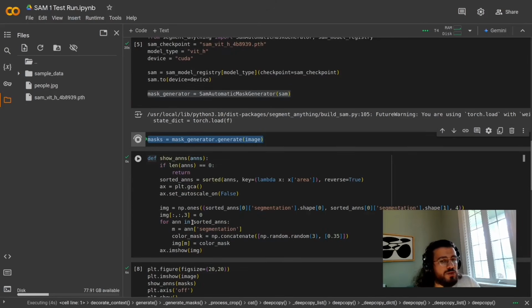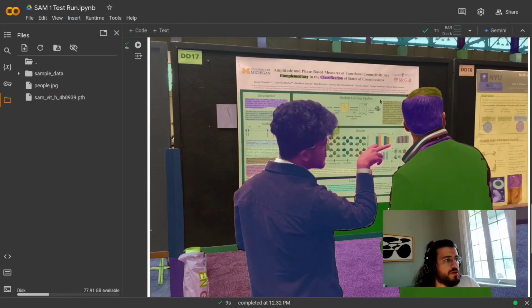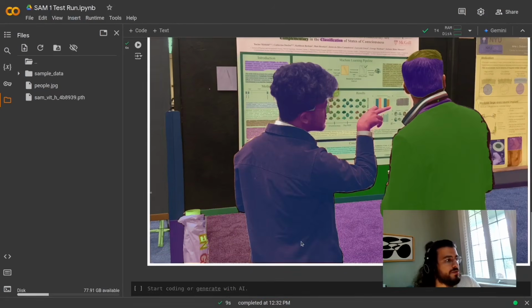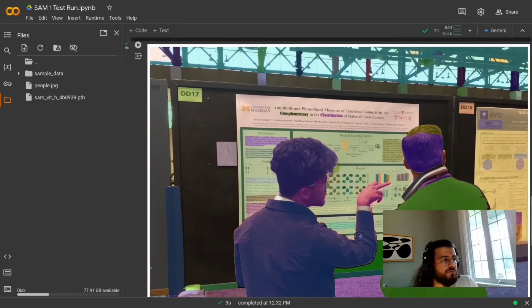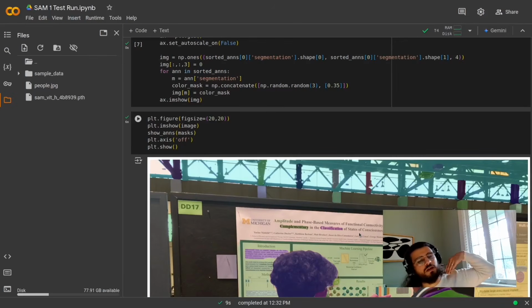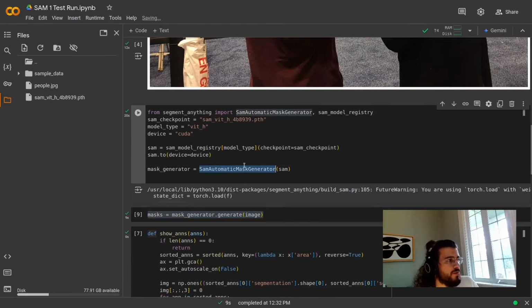Here, it's not too important, it's just to take the mask and then be able to showcase an image. And here we are with the segmentation. I believe it's taking like 100 points and it's trying to segment the image, and it's not doing too bad. So with this, we're able to, at a high level, just test out the input and output and understand a bit how it's working. We're going to take a deeper look at the SAM automatic mask generator afterward.